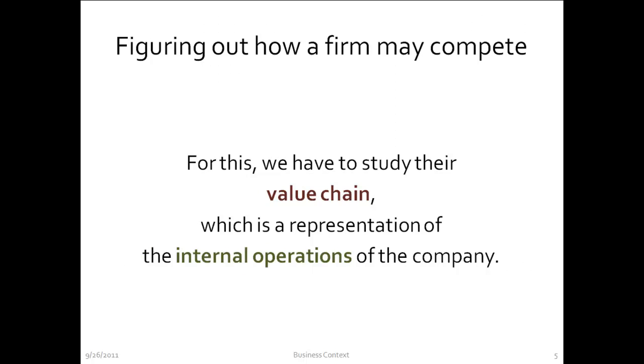In order to figure out how a firm may improve its competitive position, we have to study its value chain, which represents the operations of the firm. That is, the value chain tells us what the firm actually does.